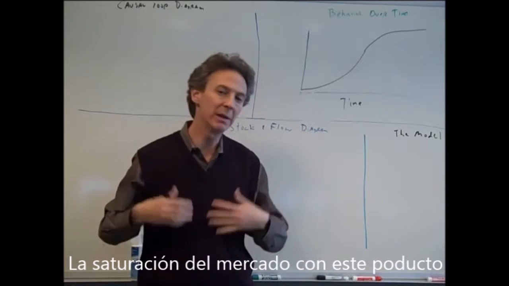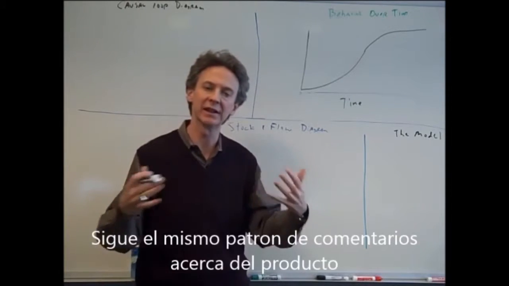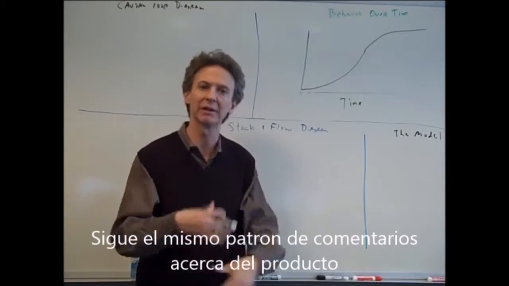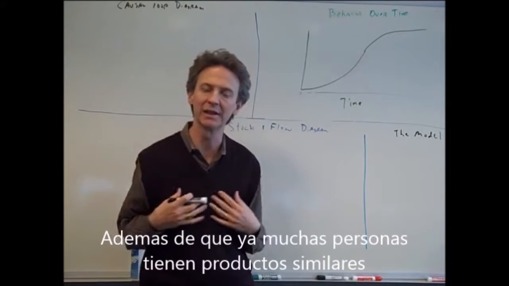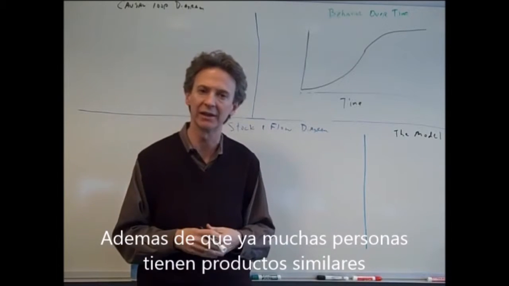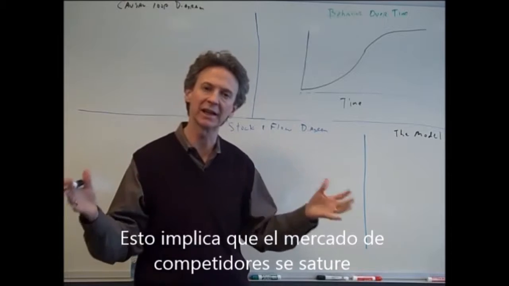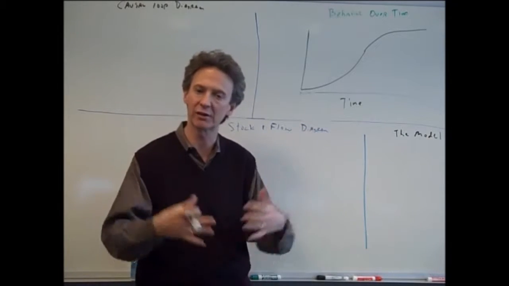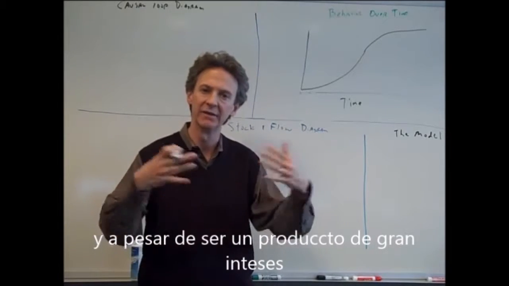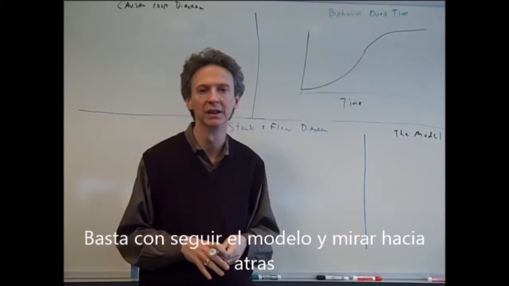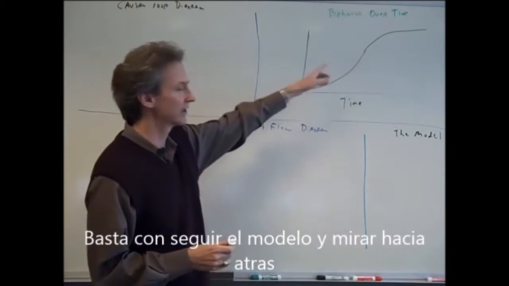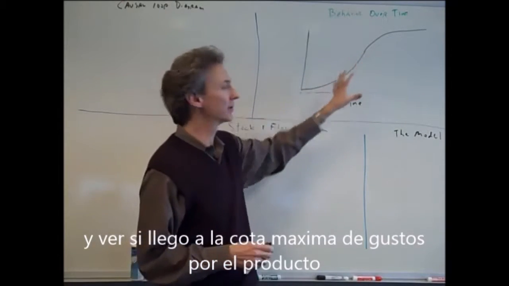So people love your product, they tell others, but there's less and less people to tell it to because everybody's adopted your product or a product like it from competitors. So the market gets saturated. So even though it's a great product and high interest, it just has run out of room to grow.